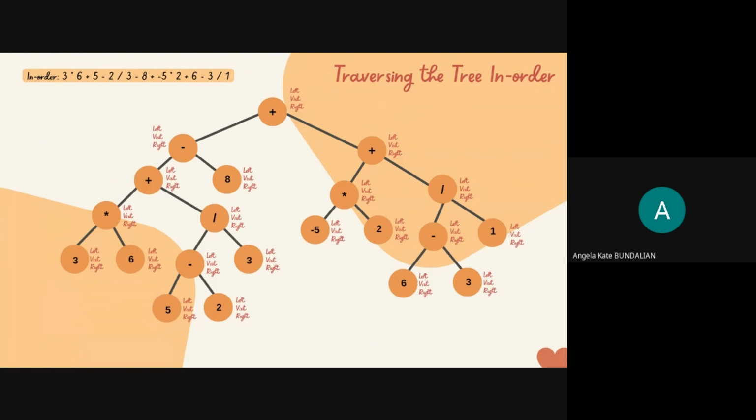We visit 3, print its value, the first one, and imagine our right subtree, then go to the upper node, which is the multiply operator. Visit it, print its value, and move to its right. Watch as I repeat the process until we have visited all nodes.